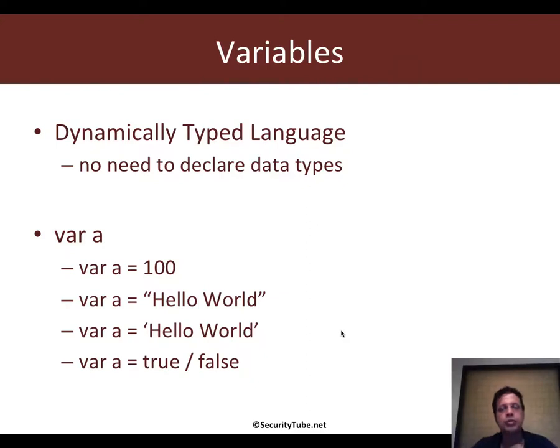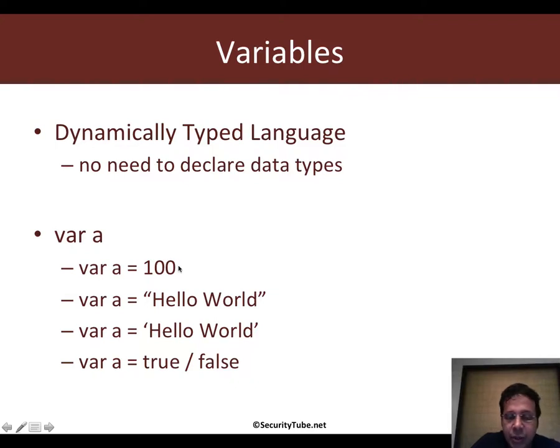Okay, so variables. As JavaScript is a dynamically typed language, we do not need to declare data types for variables during the declaration phase. So basically we would say var a, and depending on how we initialize it or later use a, the data type is automatically assigned.